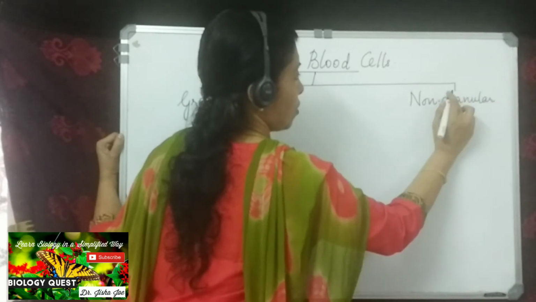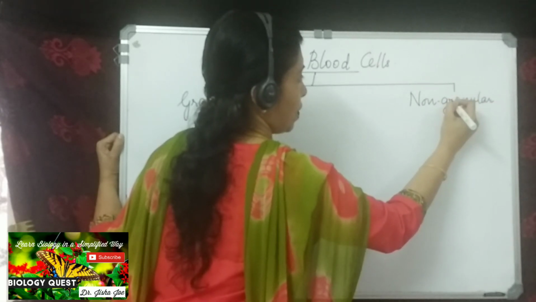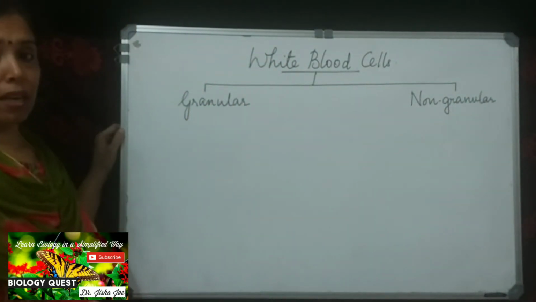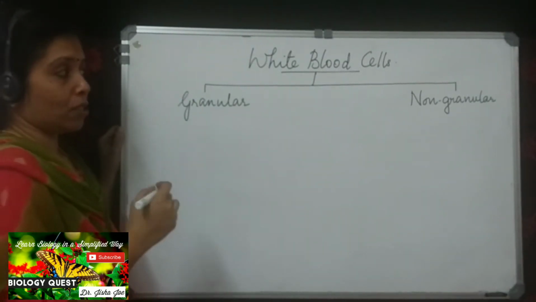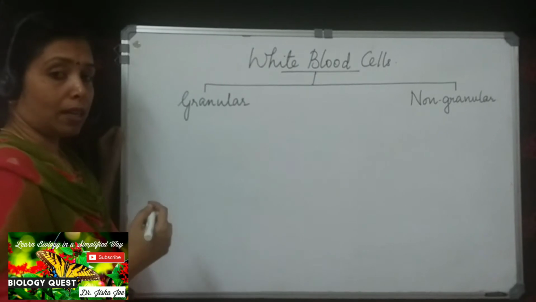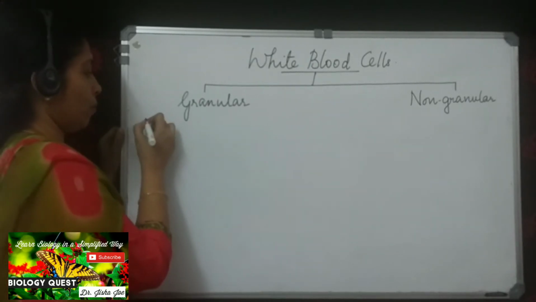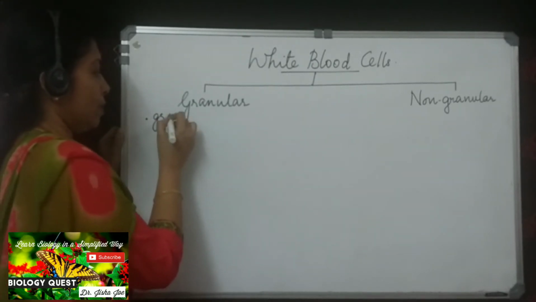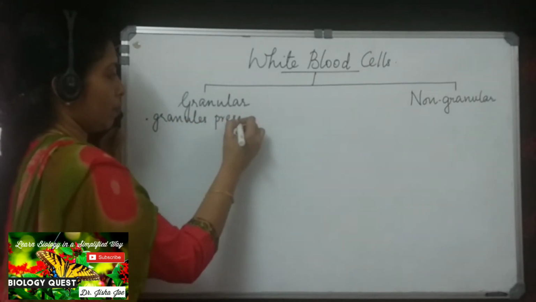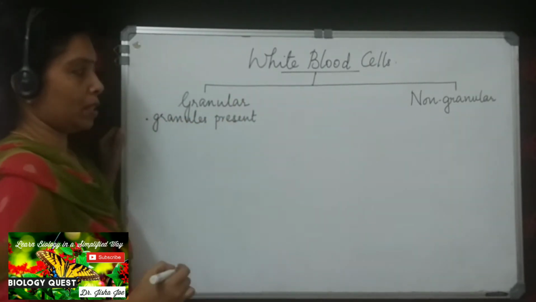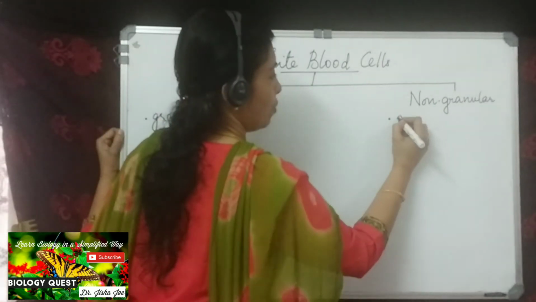So the classification is based on the presence or absence of granules. Granules present in one, granules absent in the other.